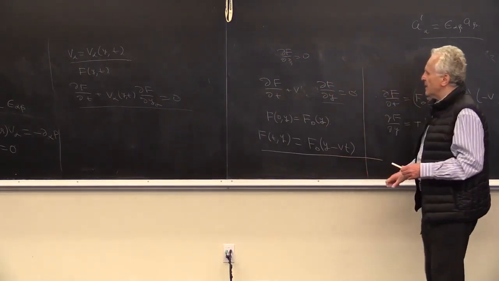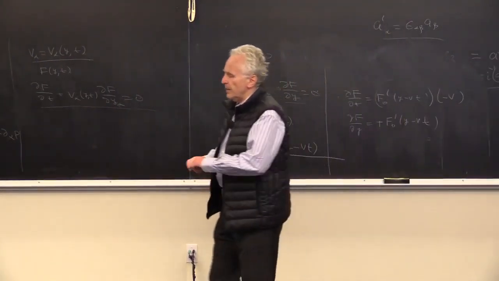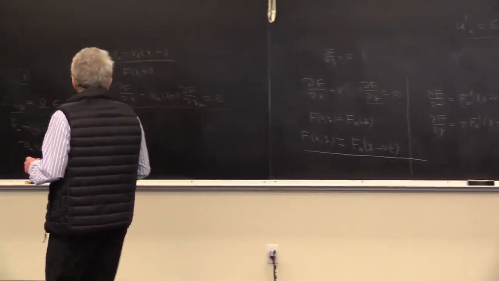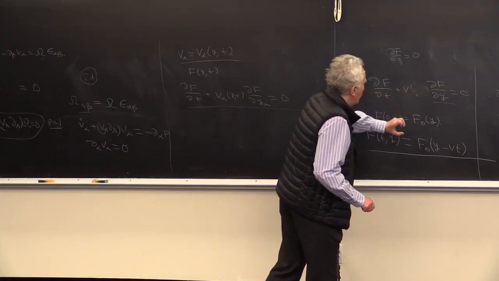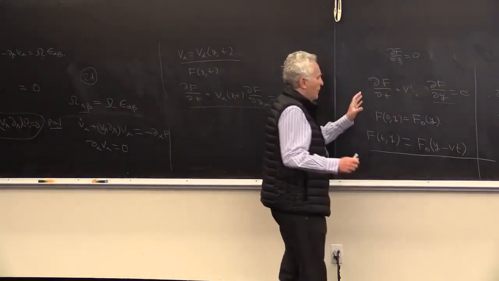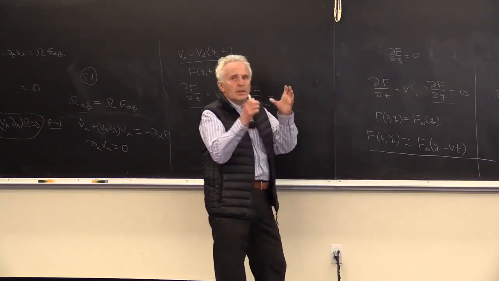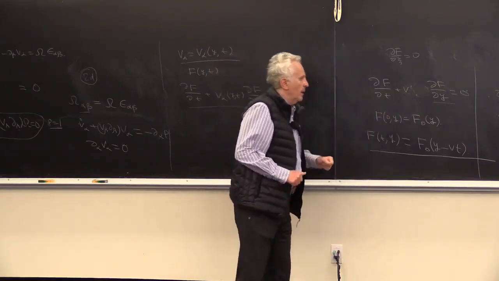Now, what does that mean? Imagine that initially f is some quantity concentrated in a small domain in y. So let's imagine that it's localized, some lump for a given y.